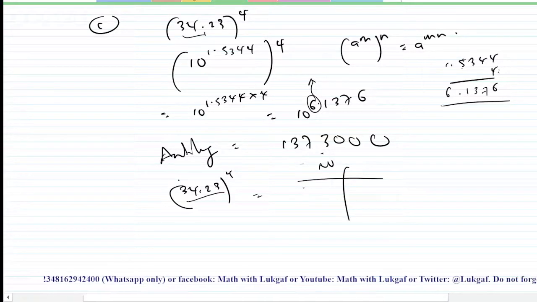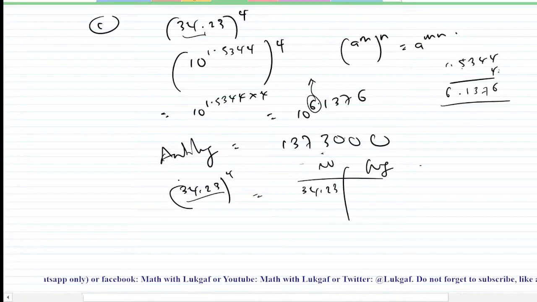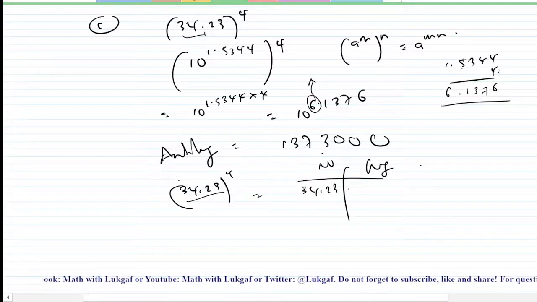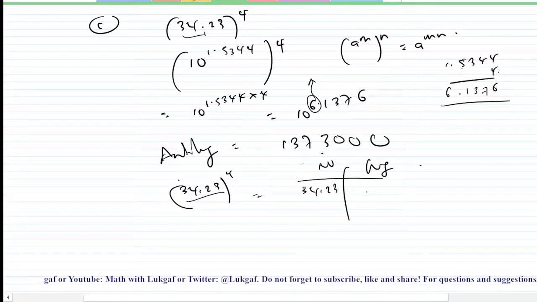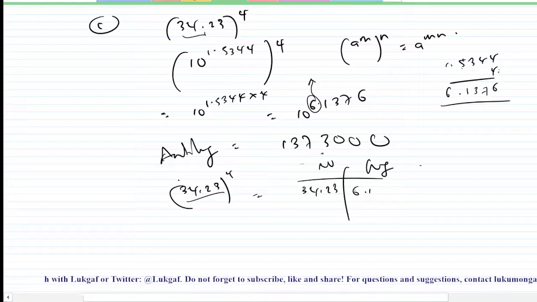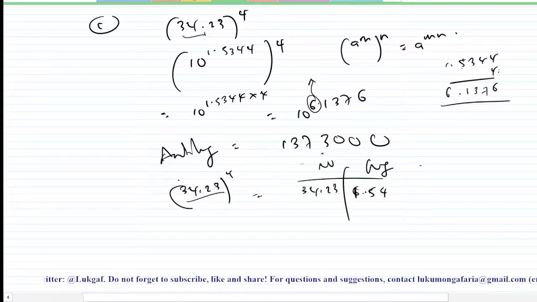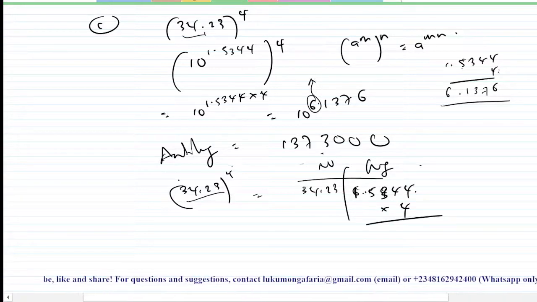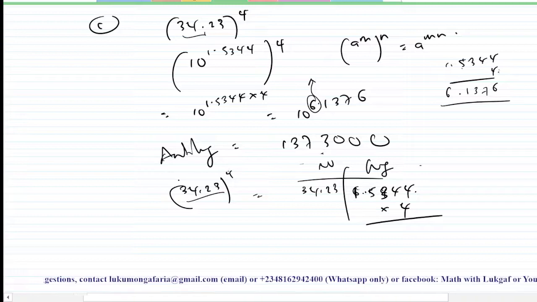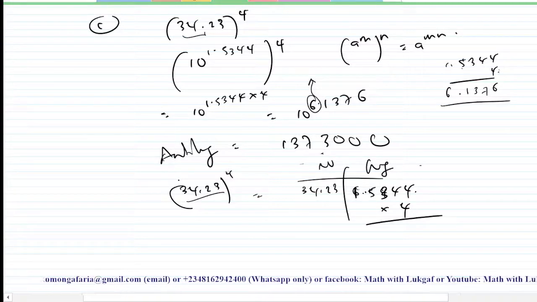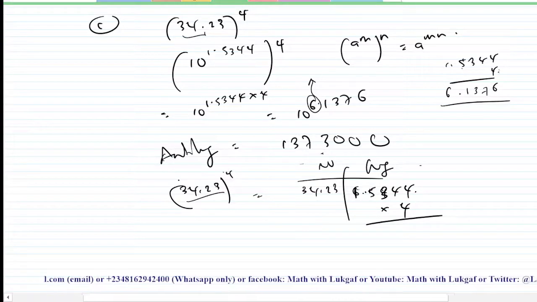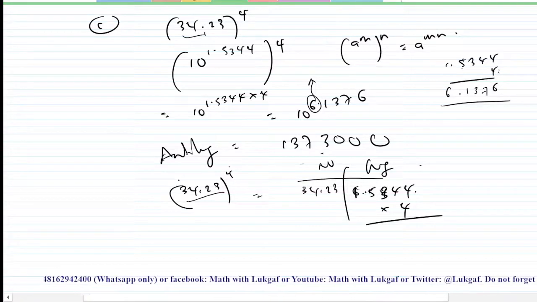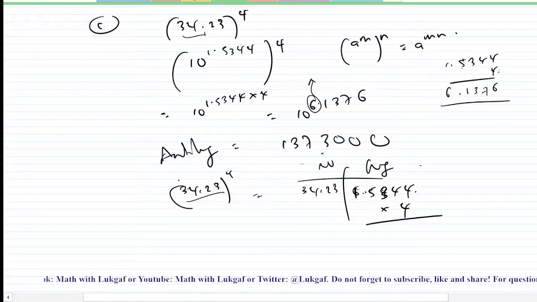You know the logarithm of this is 1.5344. Then you multiply by 4, which is the power. So when you want to take the power of a number using your logarithm table, just take the logarithm and multiply it by the power. So if this power here is 5, then you are going to multiply by 5.